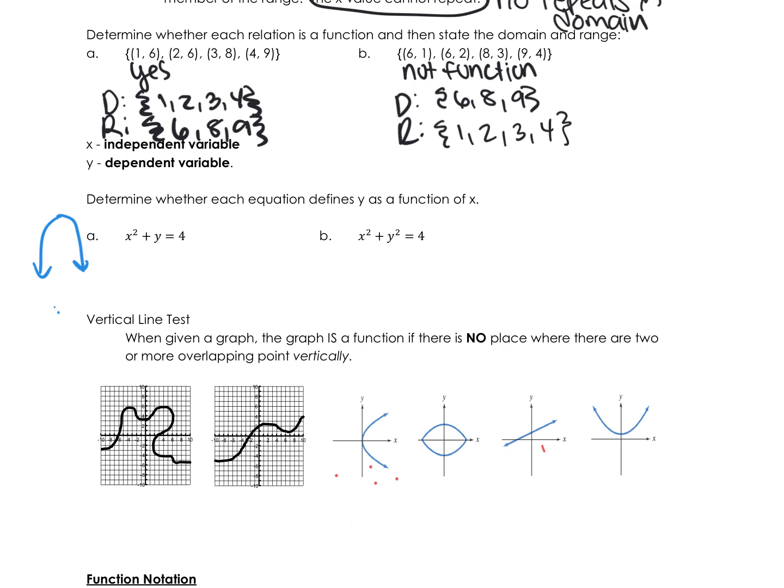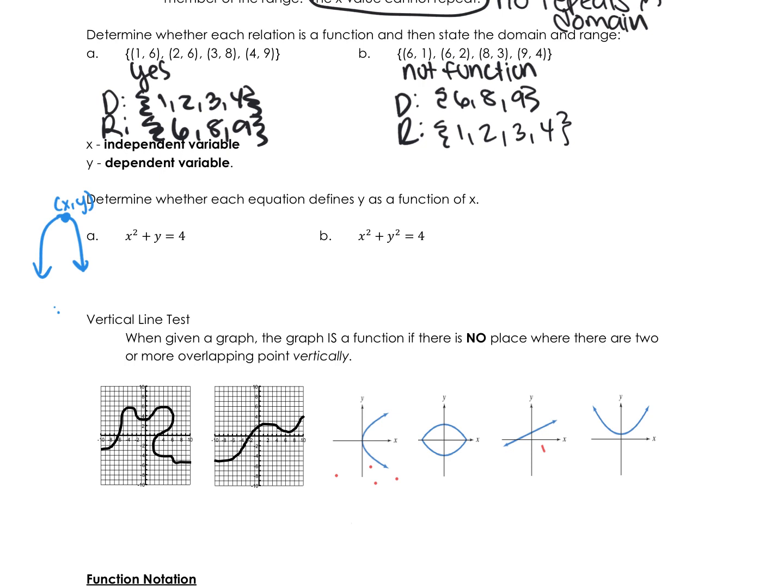This is a relation because every point on this graph has an ordered pair, an x coordinate and a y coordinate, right? And we describe it with an equation because there are an infinite number of points on this graph, and you cannot list out every single ordered pair on that graph. And that's exactly what an equation is. It's a way to describe the relation, right?